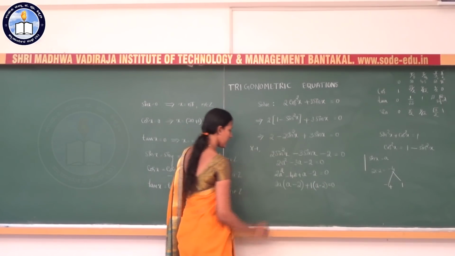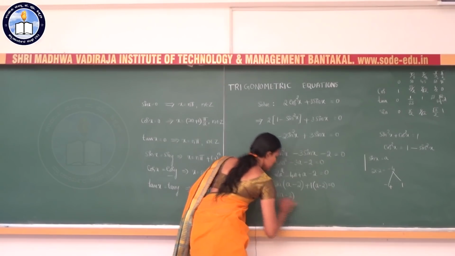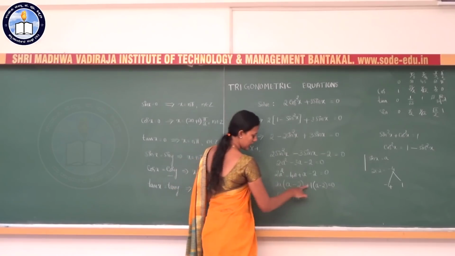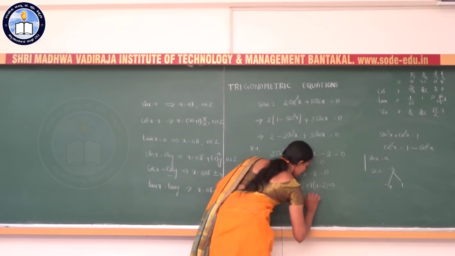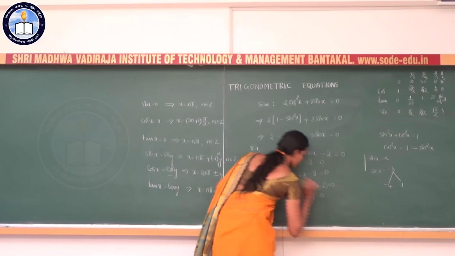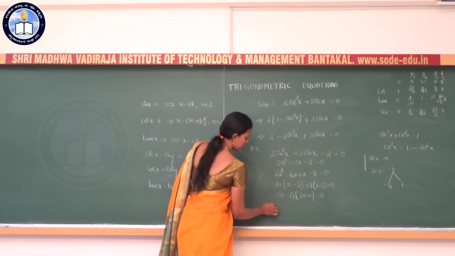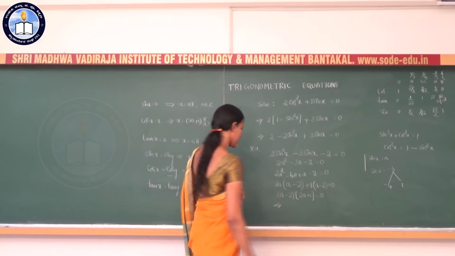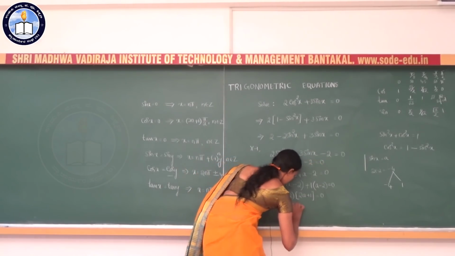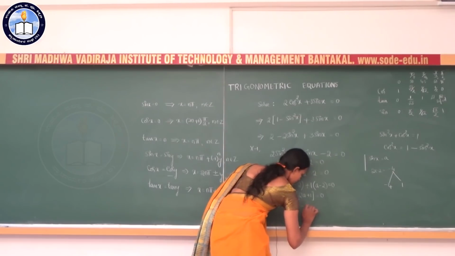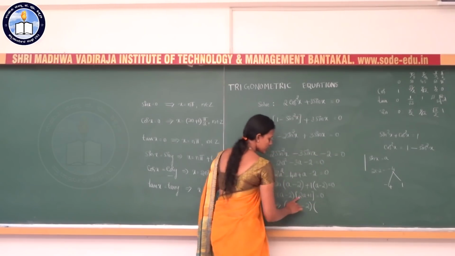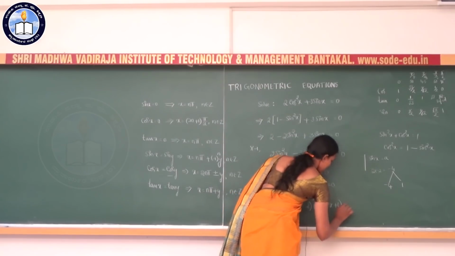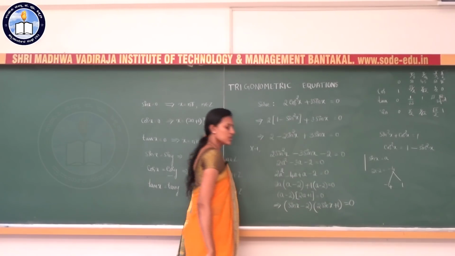And so now we have a minus 2 as a common factor. When I take it out, we get 2a plus 1. That means substitute back the value of sin x. This implies sin x minus 2 into 2 sin x plus 1 is equal to 0.